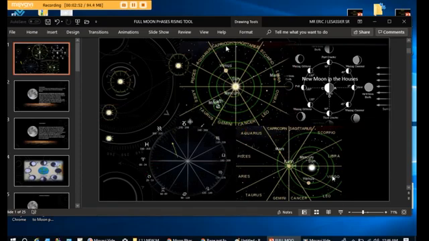When the sun transits, it gives everyone a birthday. Each of those little lines equals 30 degrees.